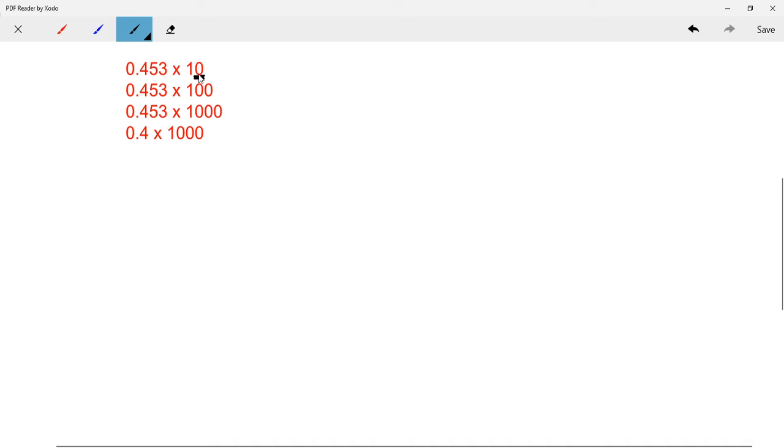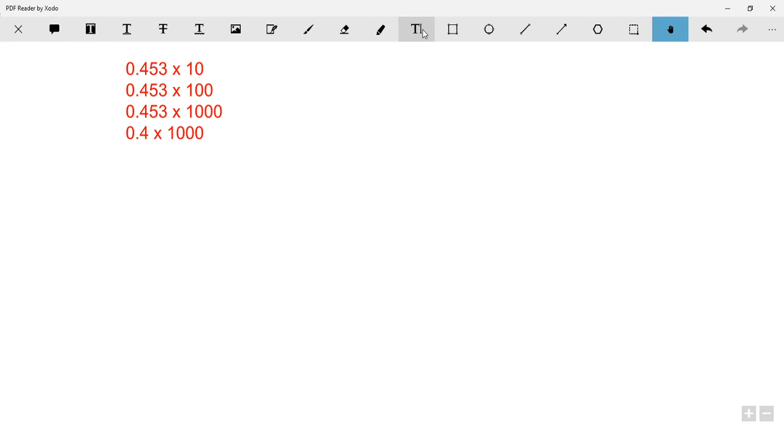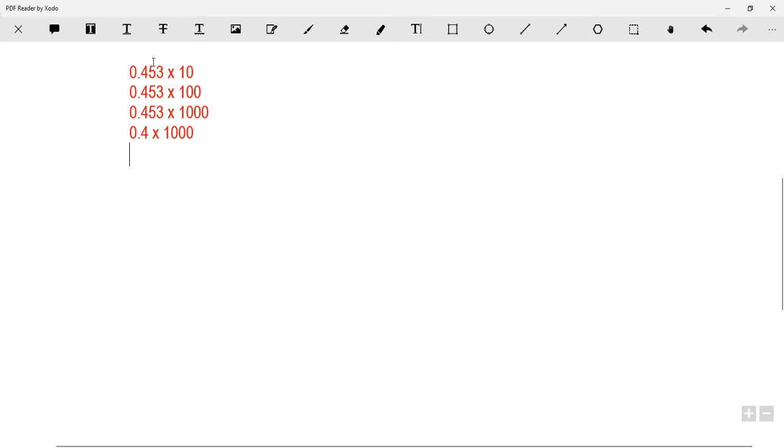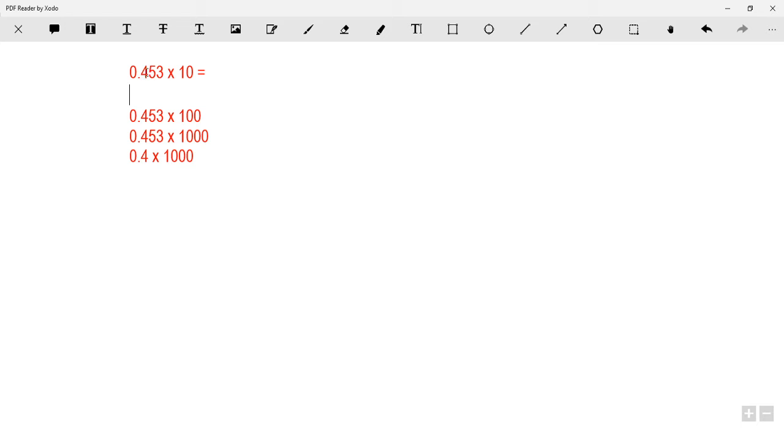Since there is one 0 here, we can think about moving all of these numbers one spot to the left, and the decimal stays the same.